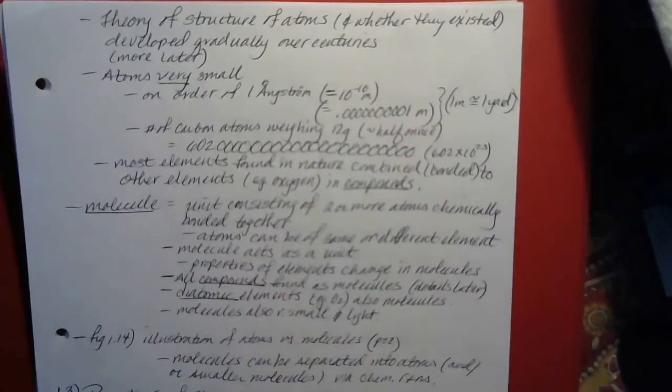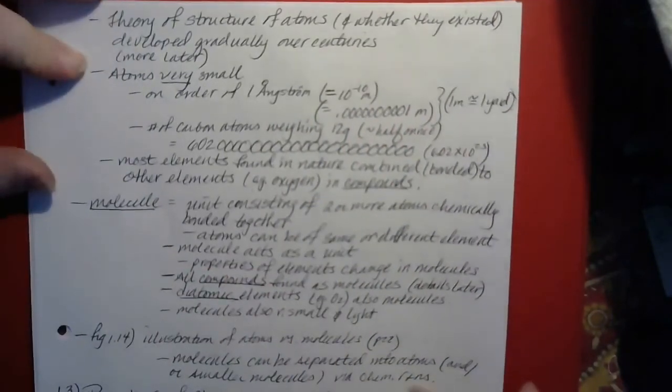For comparison, a meter is about the size of a yard. So think of taking a yardstick and dividing it into 10 billion slices. An atom would be about the size of one of those slices, 1/10 billionth of a yard.